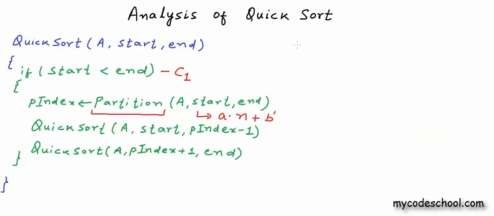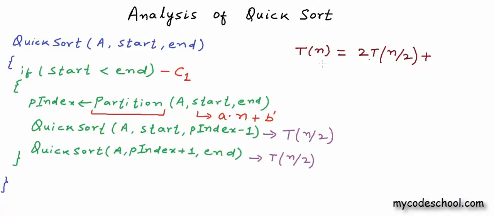So if time taken for this quicksort function is, let's say, T(n), then both these quicksort calls in best case partitioning will take time T(n/2) each. So T(n) in all will be 2T(n/2), plus we will add an plus b dash and c1.